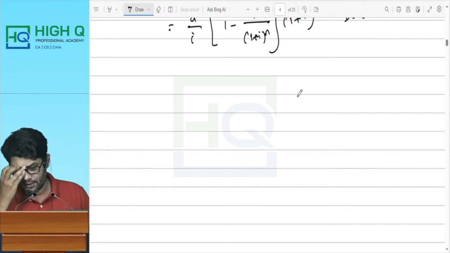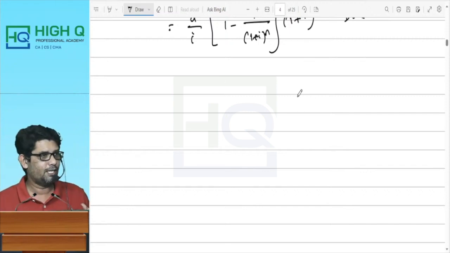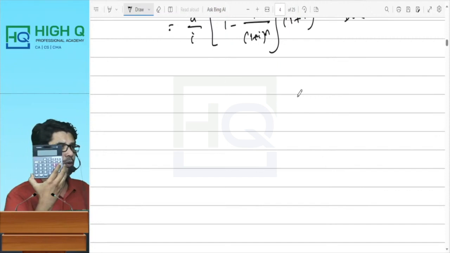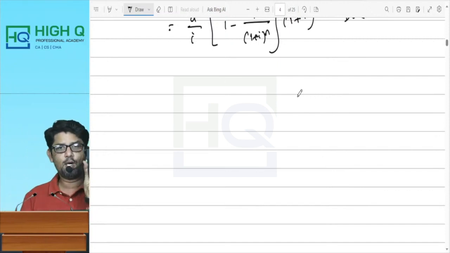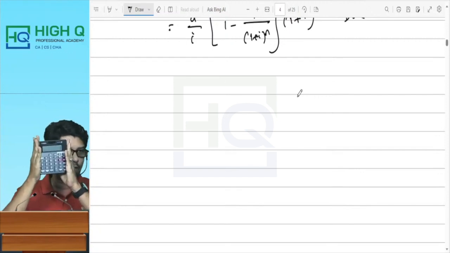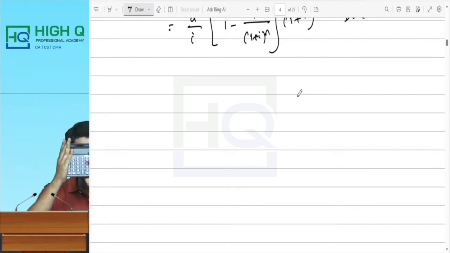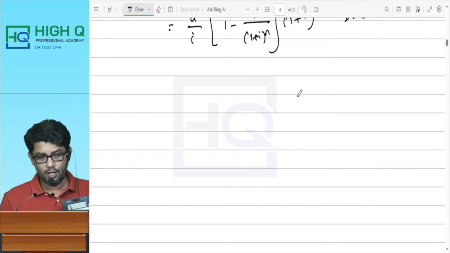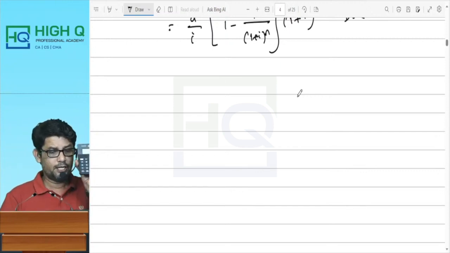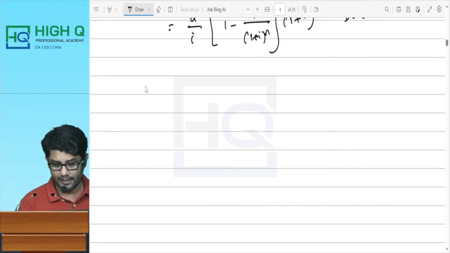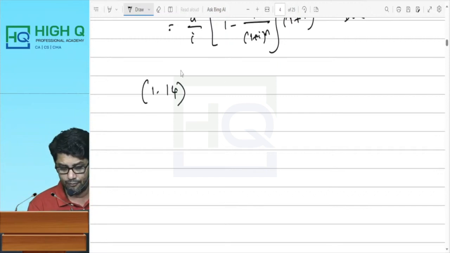Now it is time to start with the numericals. Are you all ready, my dear? Before I start with numericals, I would like to give you some important tricks, some important functions in the calculator. In this time value of money, we may end up calculating things like 1.14 whole power 20.